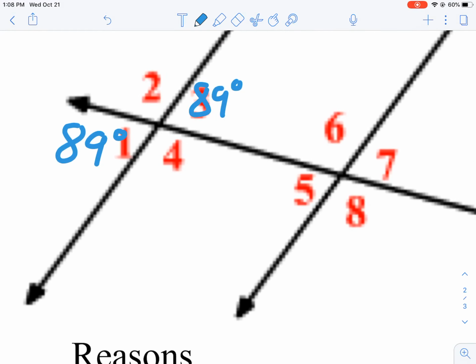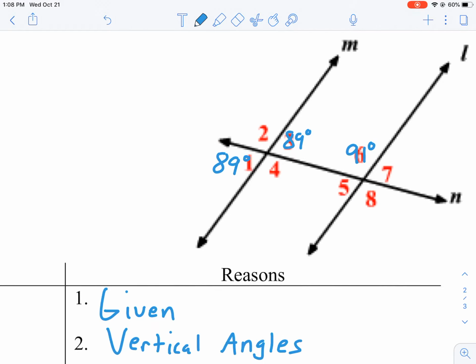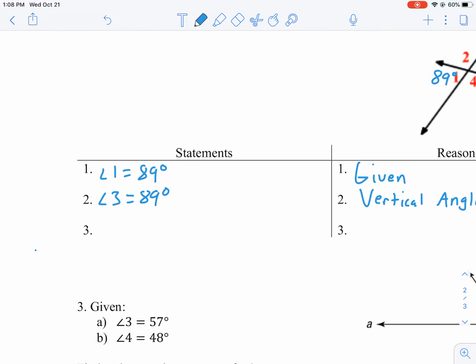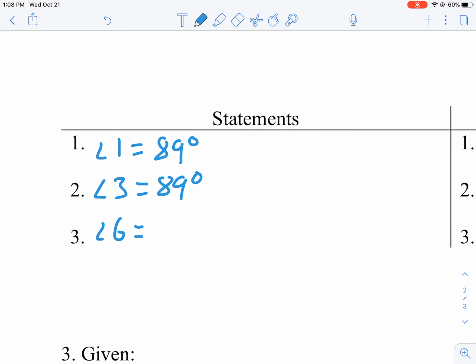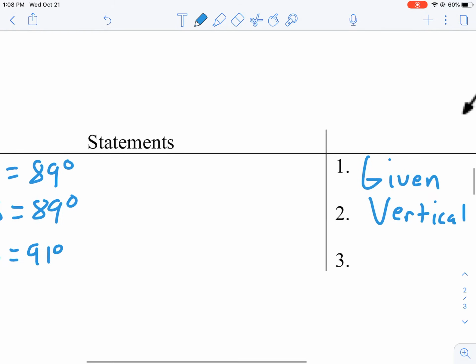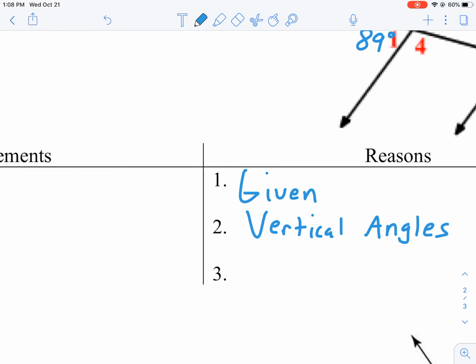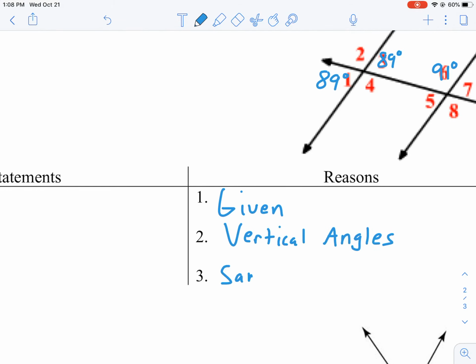And now, if I know that angle 3 is 89 degrees, I can get angle 6 because I know that angle 3 and angle 6 are same side interior angles, and I know those angles are supplementary. So if I do 180 minus 89, I get 91 degrees. So I know 6 has to be 91 degrees. And that would be same side interior angles theorem.